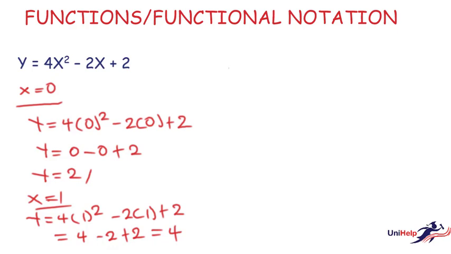It is clear from this that y is dependent on x. So it is said to be the dependent variable and x is independent. That is, it is the independent variable.